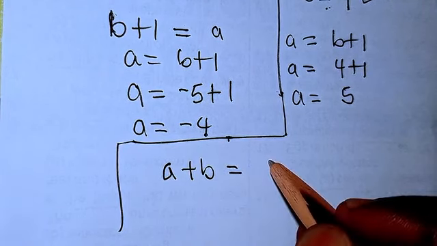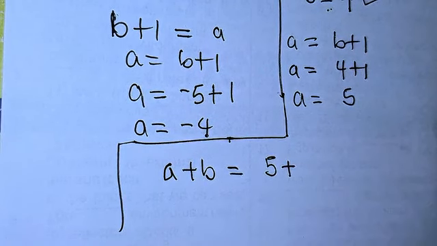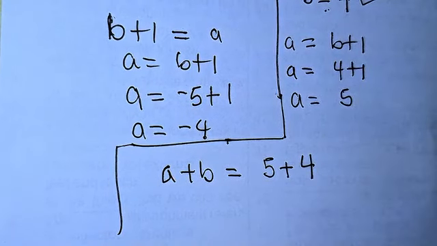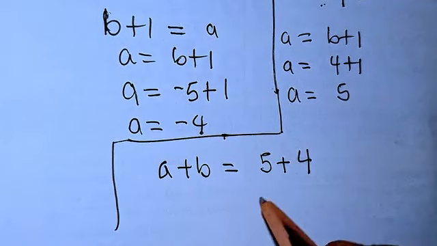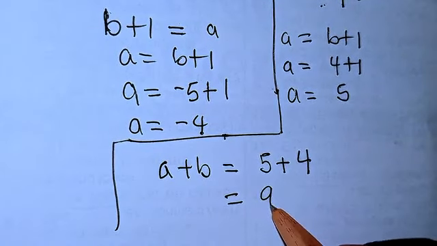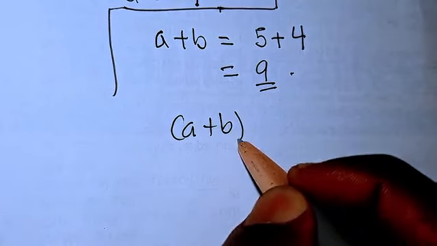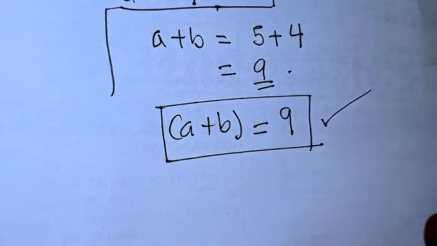A is 5 and b is 4. Do you understand? So a plus b is going to be 9, and that is the solution to the problem.